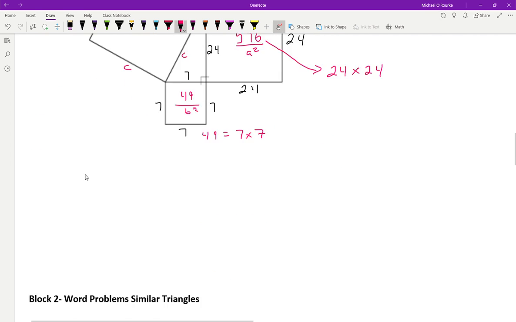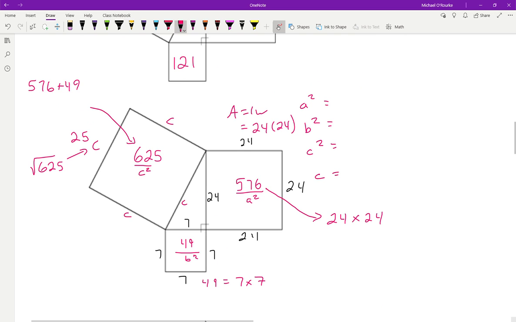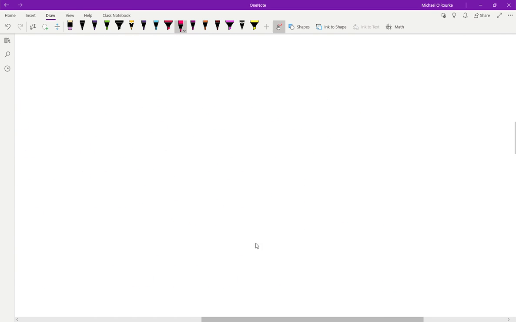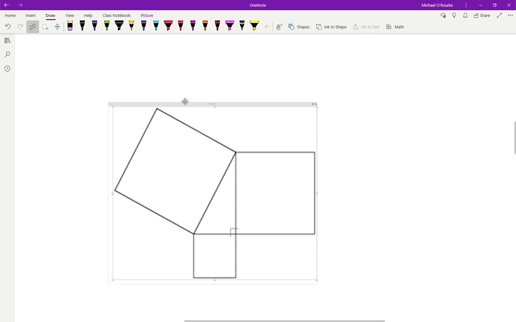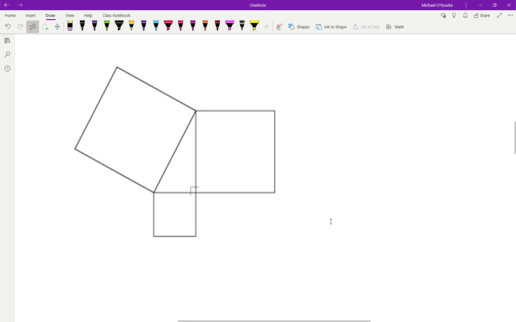Alright, I'm going to try one more, but we're going to break it down a little different. Okay. Let's go step by step here. This side is 3. Okay? What's the area of this square if that side is 3?